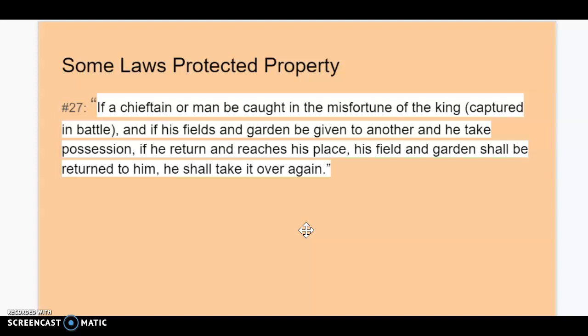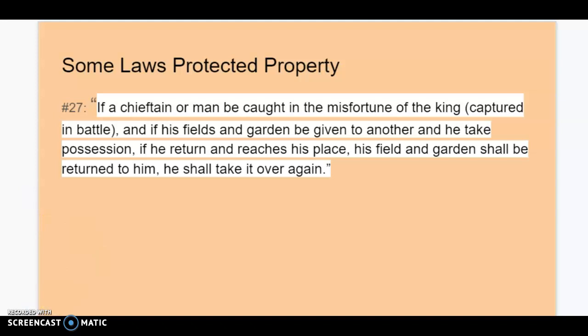It really has emphasis on the fact that you are in the service of the king. You are fighting for the city-state. You are fighting for the king himself. You will then be given your property back if you return. It's a pretty cool way to look at an insurance policy. And this is interestingly the basis of several laws in modern countries today.